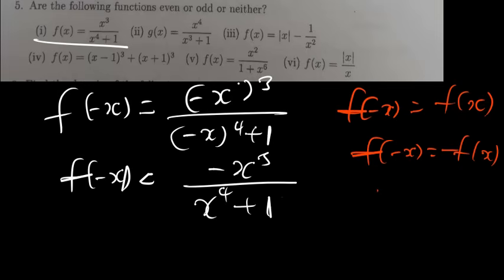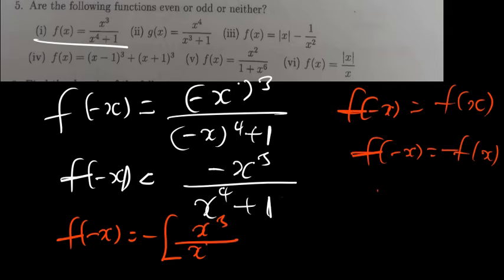Cool, right? Now, if I factor out negative, I'll have x to the power 3, down here x to the power 4 plus 1. I've got negative outside. Let us see what is in the brackets. Is it the same as the original? Yes. So now I can clearly see that f of negative x is equal to negative f of x.